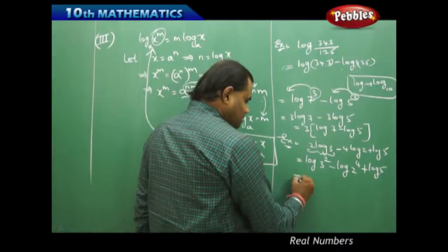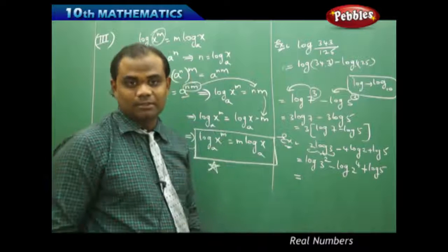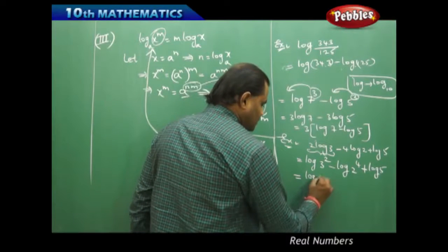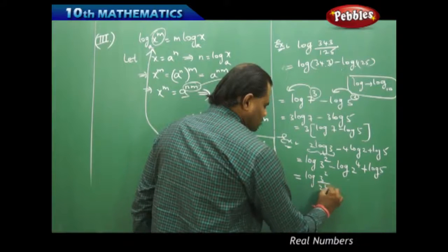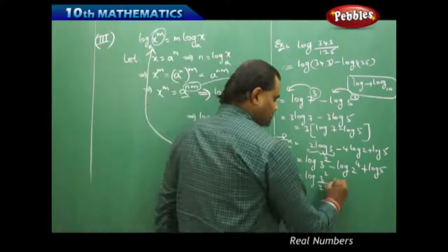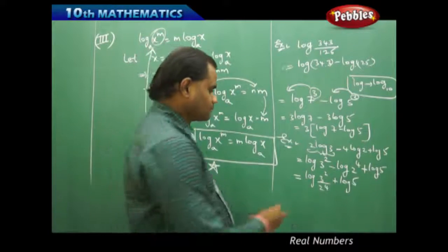Now this clearly makes me understand that log a minus log b is log a by b, the second law of logarithm. Therefore, this can be written as 3 square by 2 power 4, plus log 5 remains the same.